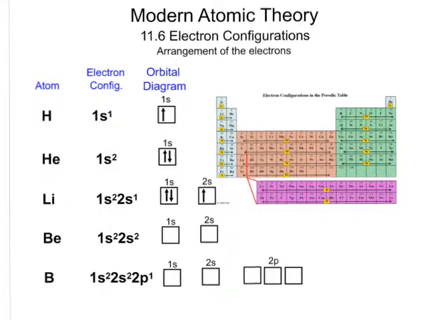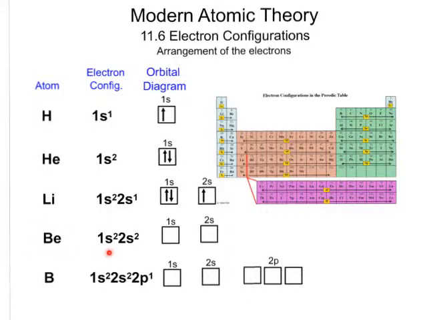Lithium, we're going to add one more electron, and the orbital diagram looks like this. We still have two electrons in the 1s orbital, and the 2s orbital has one electron. It's written 1s² and then 2s¹. The 2 is for two electrons in the 1s orbital, and the little tiny 1 is for one electron in the 2s orbital. Here is beryllium.